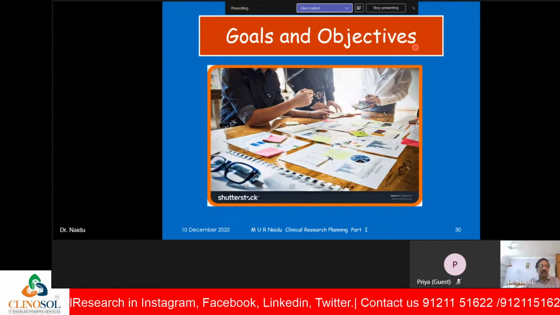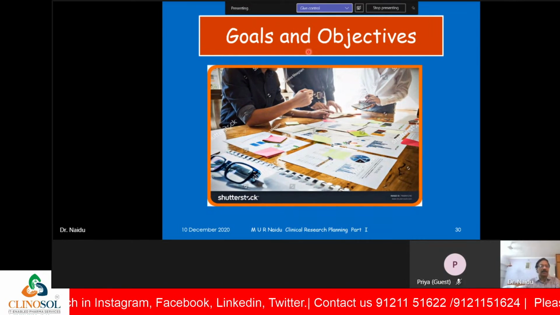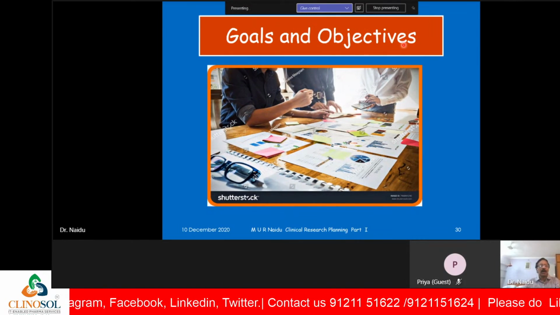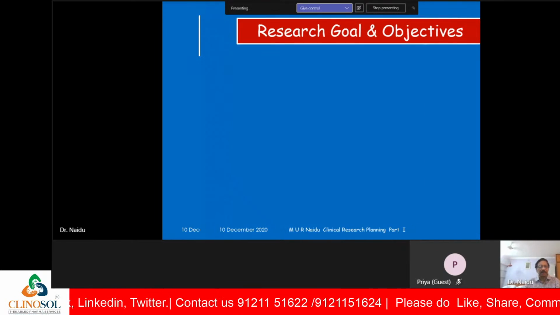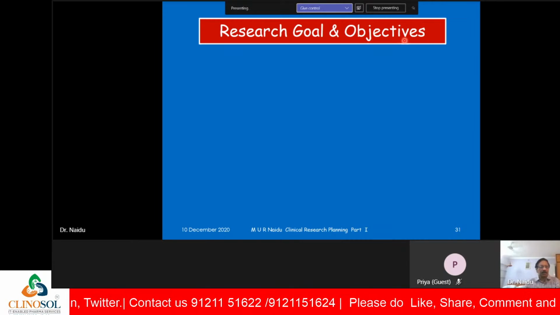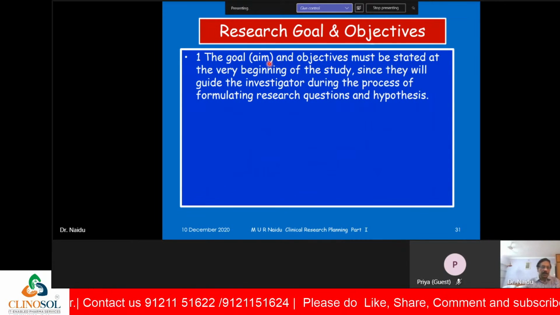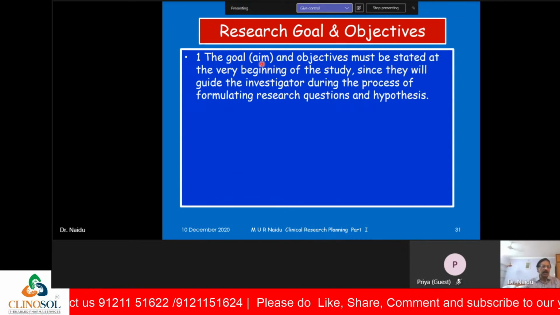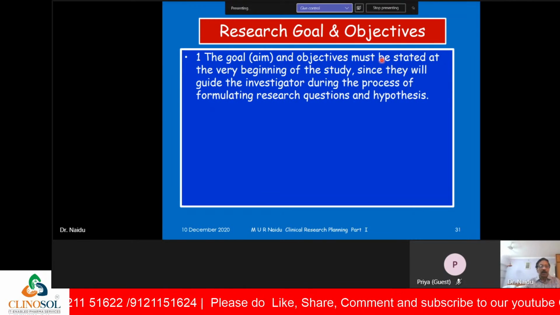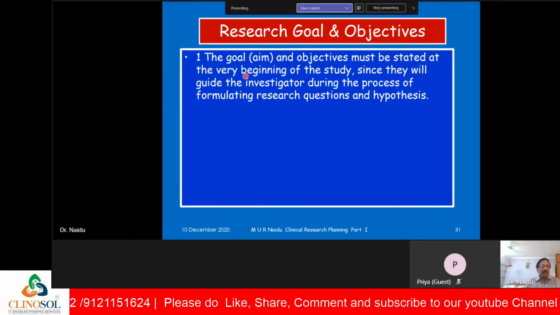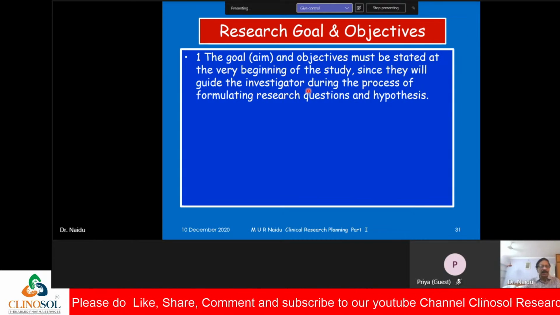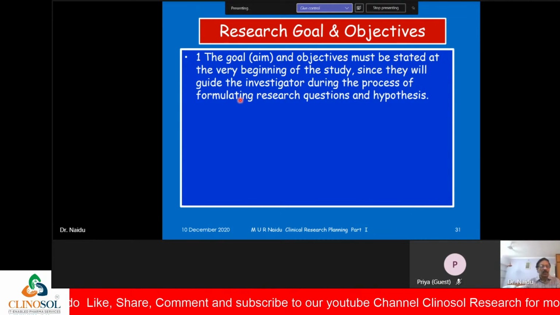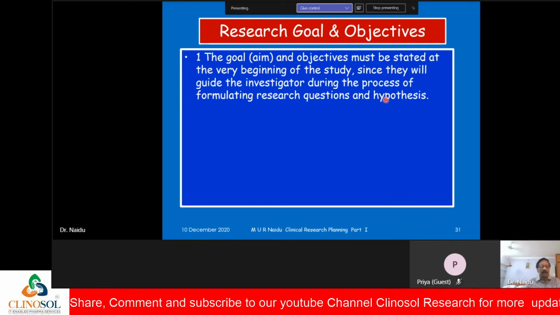Now we are coming to another very important thing: the goal and objective are very important. How do you proceed? Research goal and objective. The goal, sometimes we also say aim of the study, and objective must be stated at the very beginning of the study, since they will guide the investigator during the process of formulating the research question and hypothesis.